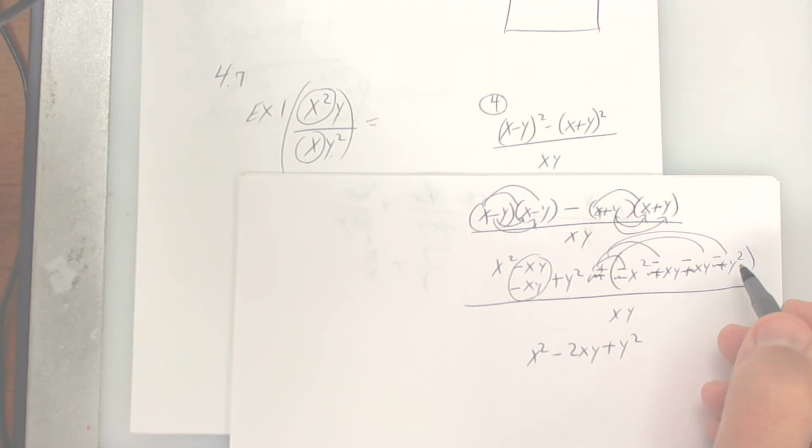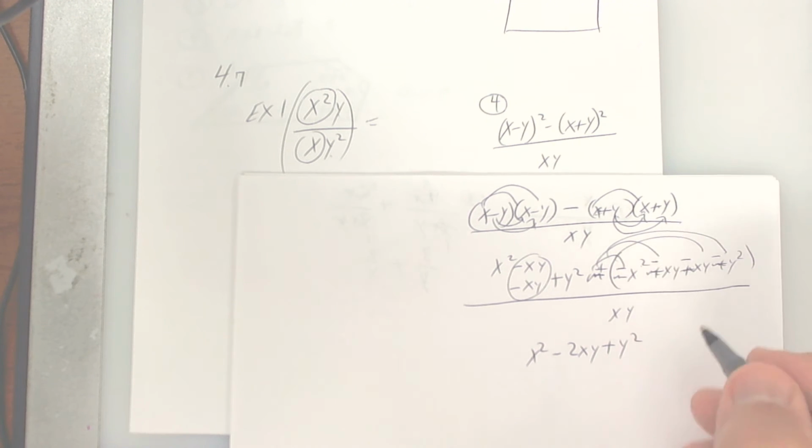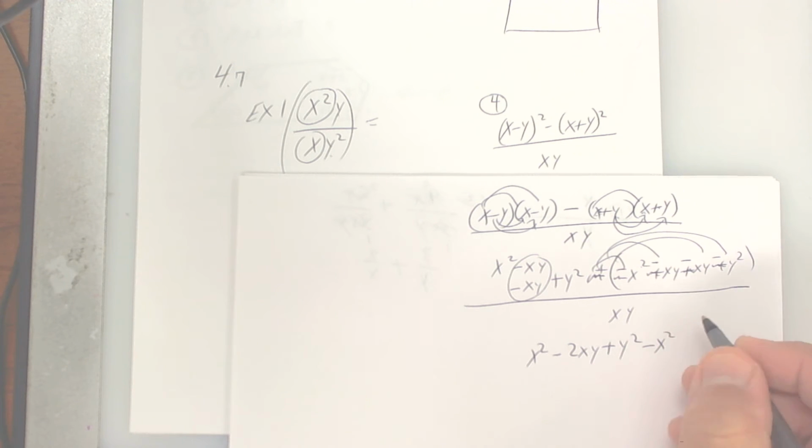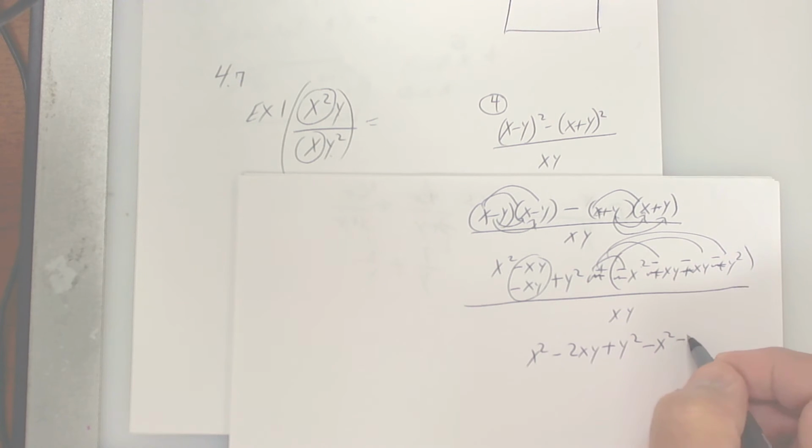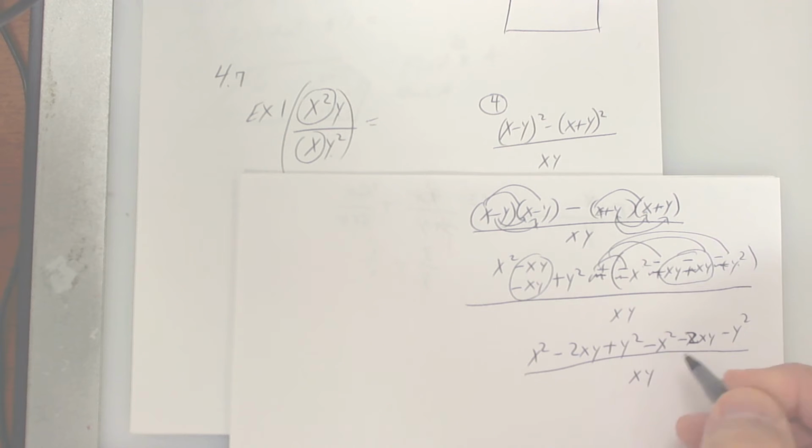So what you're going to have here is a negative x squared, a negative xy, a negative xy, and a negative xy. That's going to be a negative 2xy. And then this is going to be a minus y squared all over xy. Now this cancels.